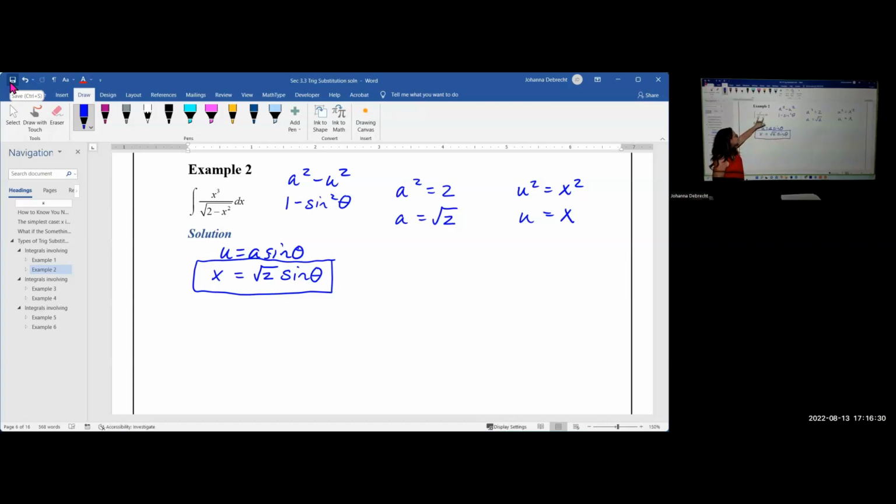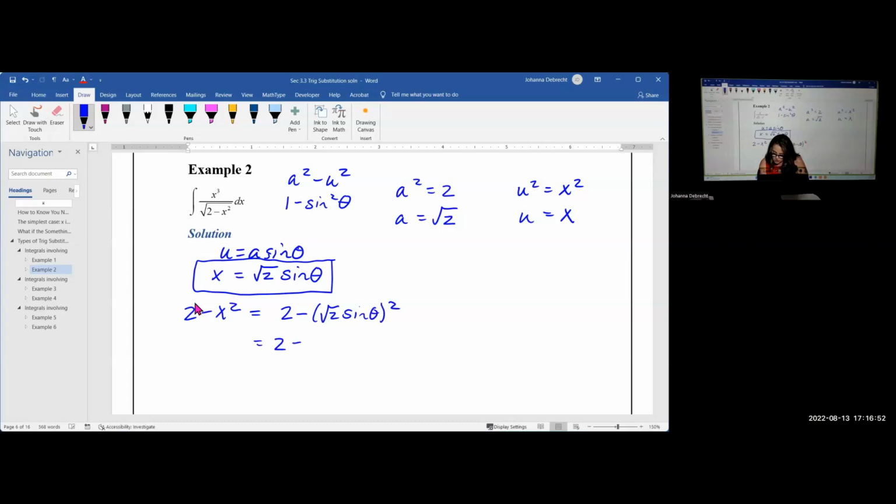So the first thing I want to do is build this 2 minus x squared. So I start with 2 minus x squared, and then my x squared, of course, is my u squared. And then I've got 2 minus, well, what is x? It's the square root of 2 times sine of theta, and I square it.